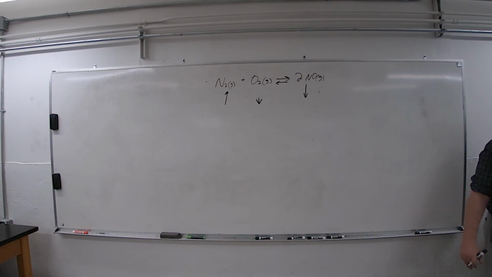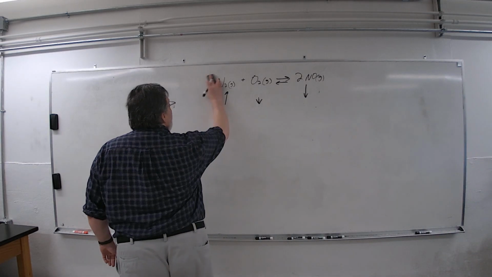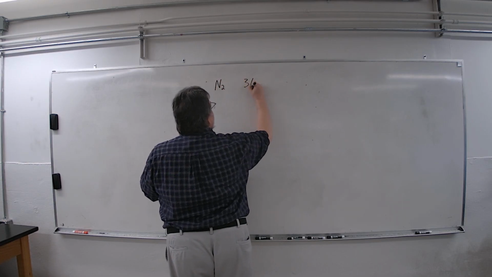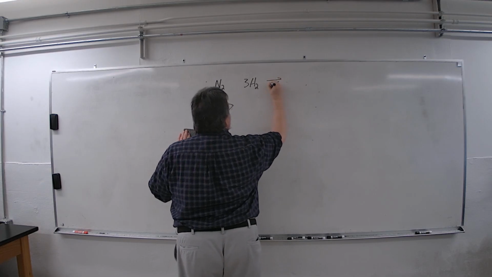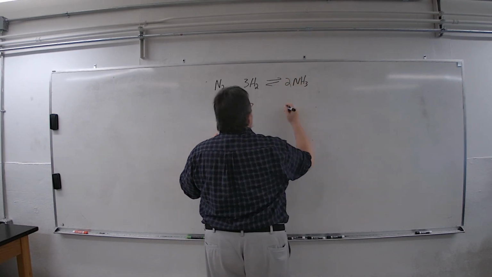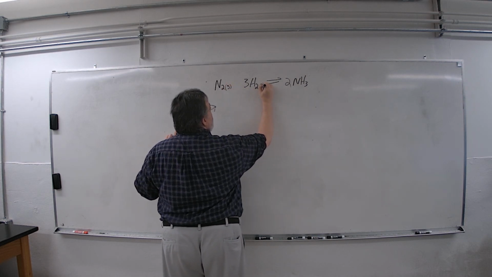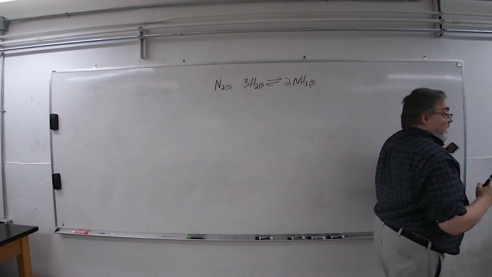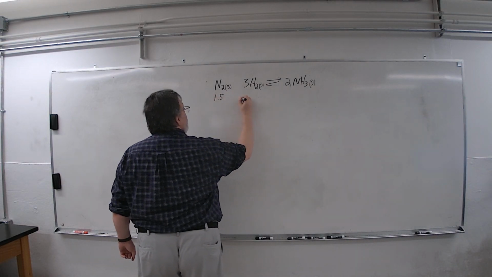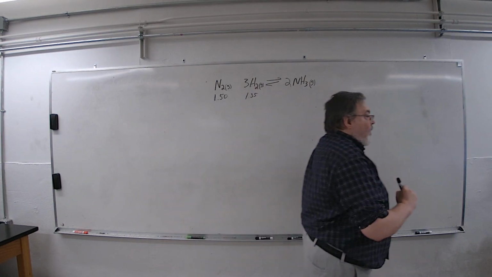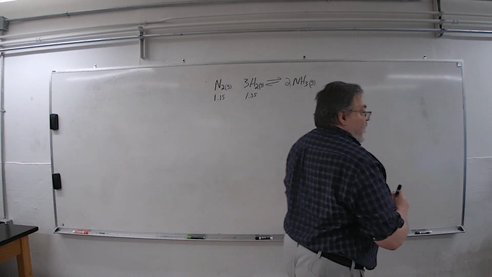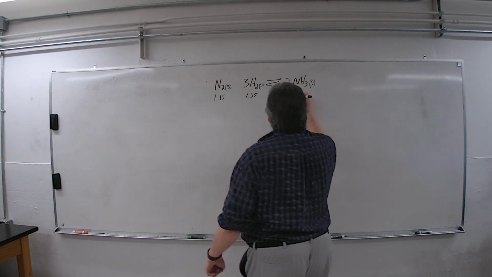Let's do that one: N2 plus 3H2 gives 2NH3. NH3 is 1.412.